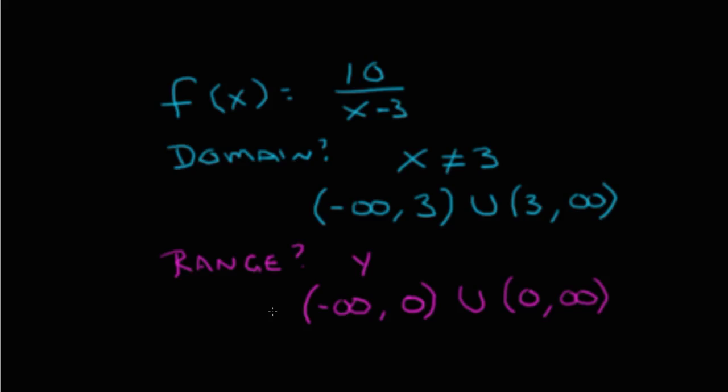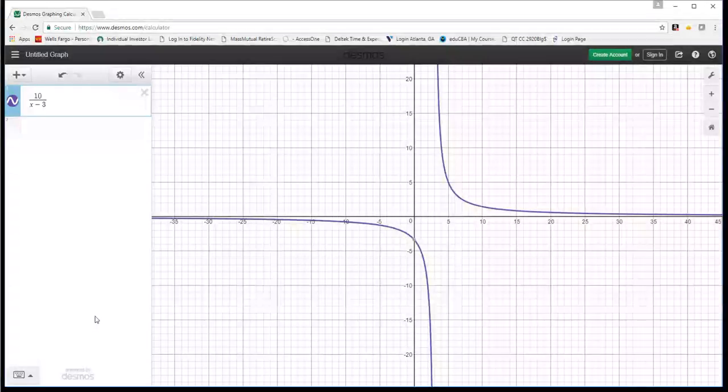Now, sometimes you'll be asked, and we'll show this on a graph here. I went ahead and went to our graph program and entered this function into the graph equation.